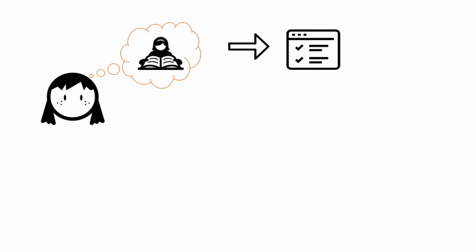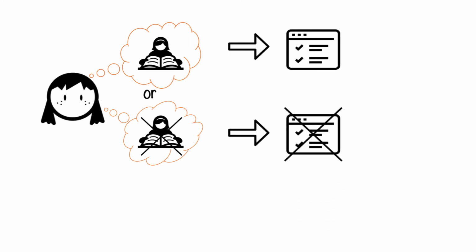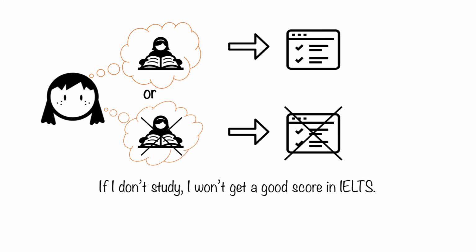We could also look at this in a different way. So when you're thinking about studying IELTS, you have two options, to study or not to study. So you might say, I don't study, I don't get a good score. So here we could also give the conditional in its negative form. You could say, if I don't study, I won't get a good score in IELTS.